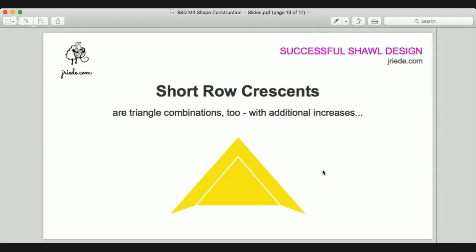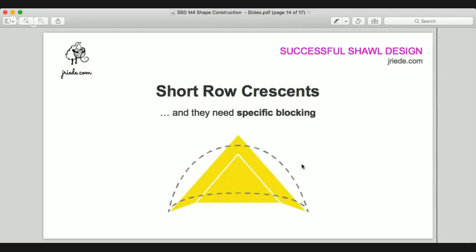And the secret is blocking. In short row crescents, this specific crescent shape is achieved by blocking the resulting yellow shape when knitted to the shape shown as an outline of this dashed line here.